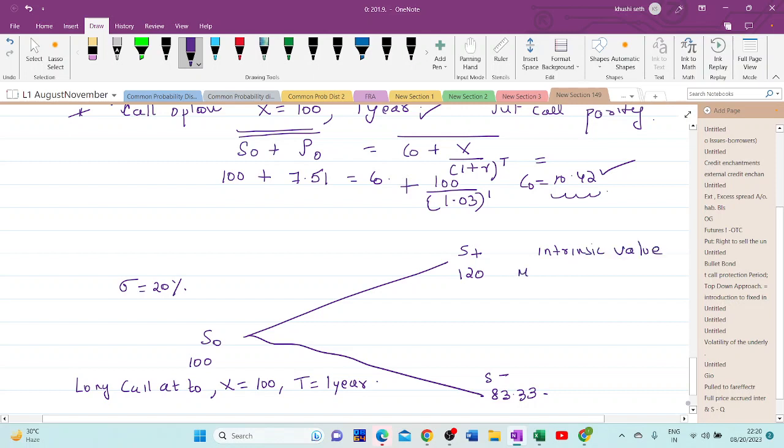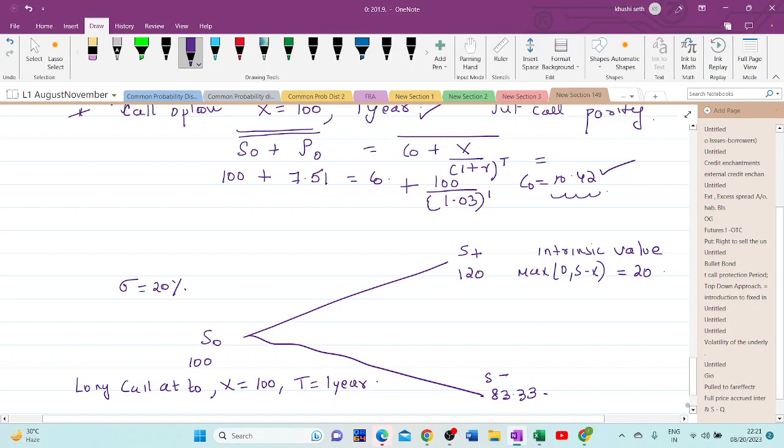Again, it's going to be max of 0 comma S minus X, that is 20, okay. Because this S plus is more than the exercise price of this call, right. The call expires in the money, and its intrinsic value is S plus minus X, which is 20.